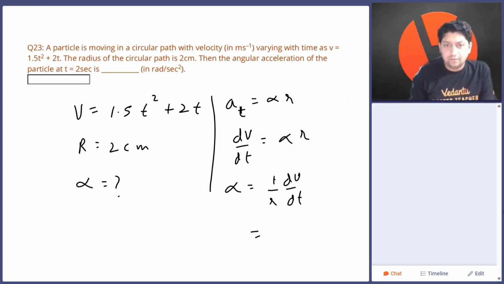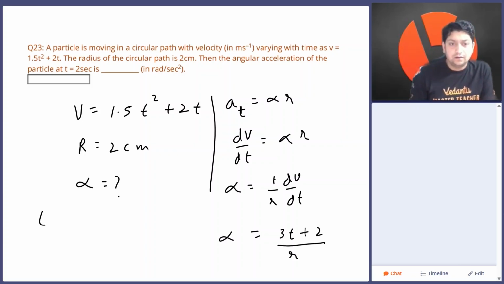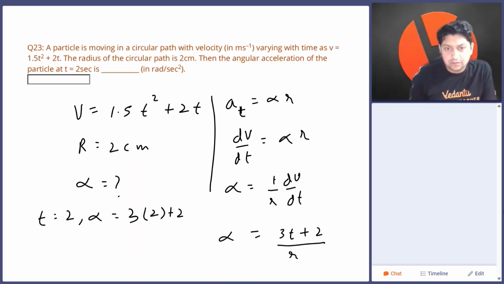The derivative of velocity over here will be nothing but 3t plus 2, by r, right? t equal to 2 seconds. At t equal to 2 seconds, alpha can be found: 3 into 2 plus 2 over the radius, which is 2 centimeter, and the value of velocity is in meter per second, so we need to convert 2 centimeter into meters.